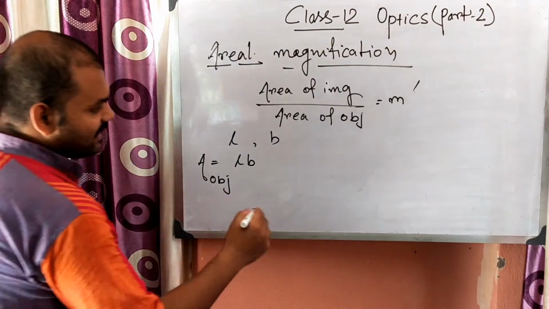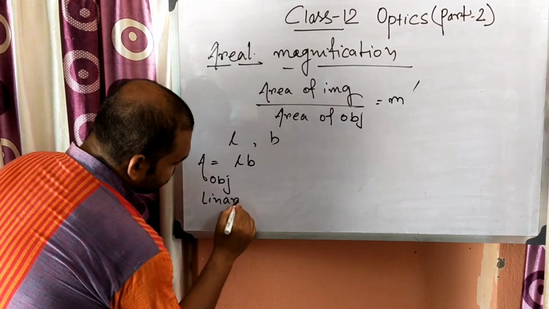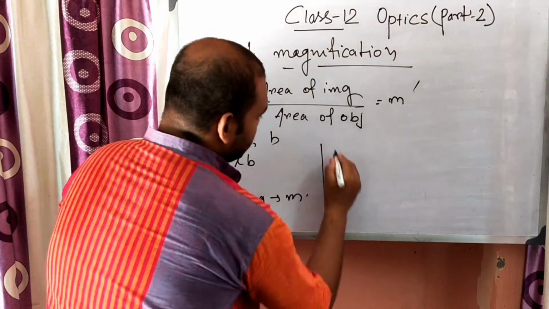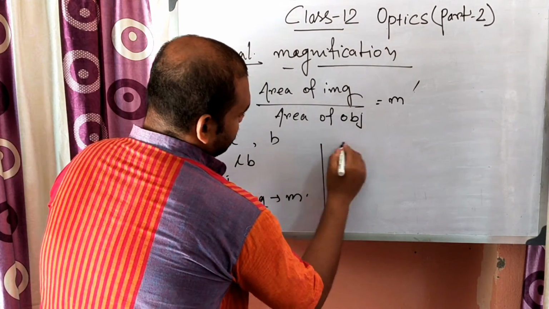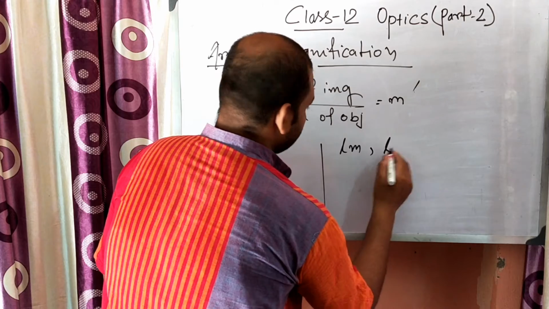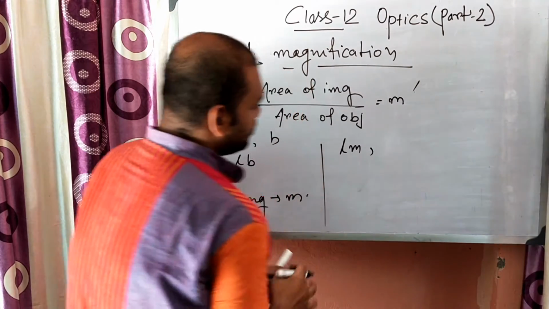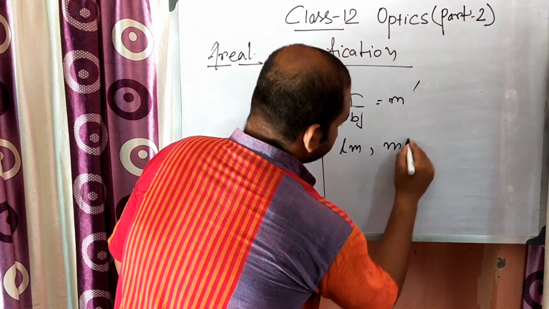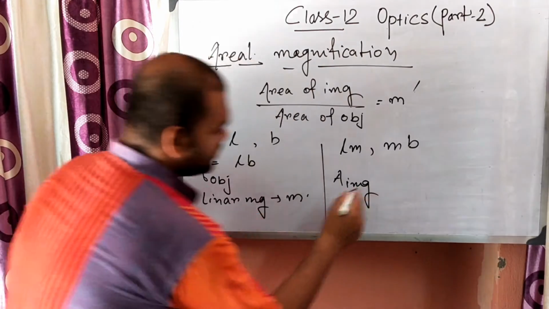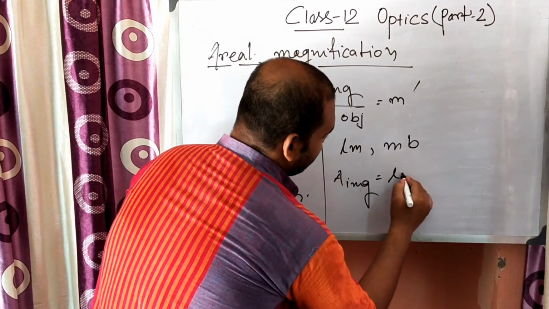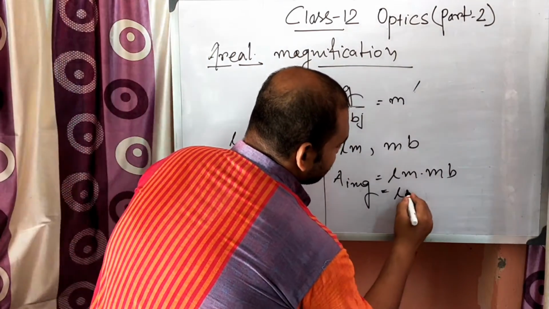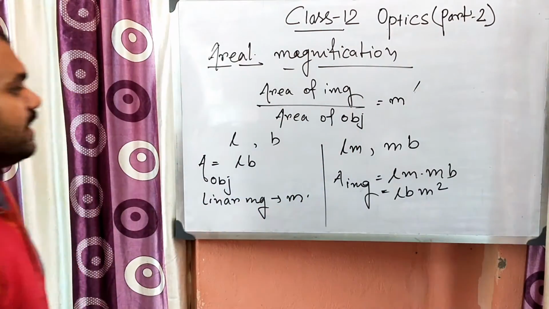Now if the linear magnification is M, then in the case of the image the length will be LM and the breadth will be MB. The area of the image, IMG, with OBJ for object, will be LM into MB. So this will be LB M square.